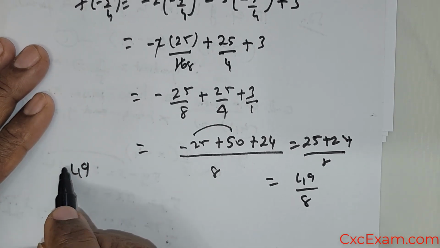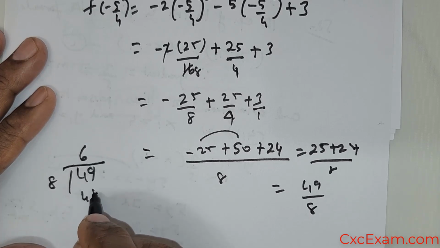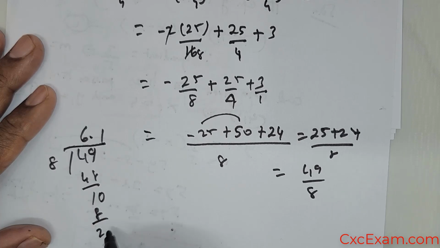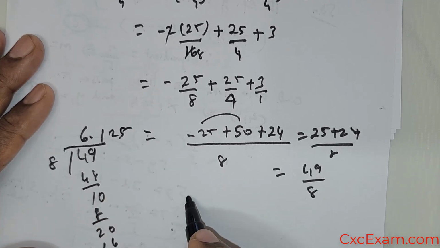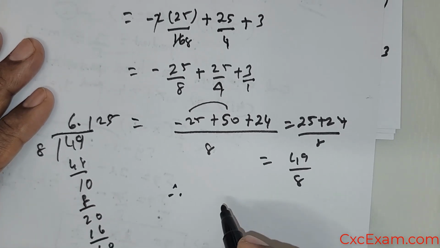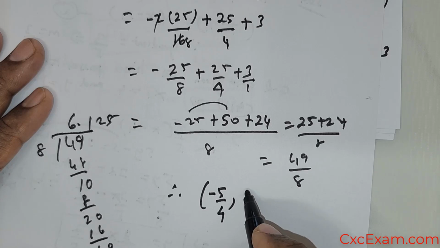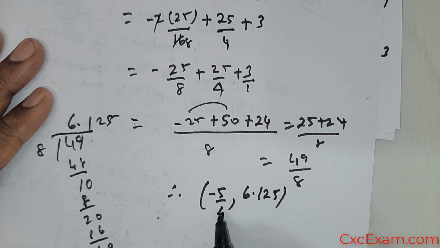So you divide 49 by 8. 8 times 6 is 48, and you have a 1. You place a 0, you have 8 there, 2, 0. 8 times 2 is 16, you have a 4, and 0, and 5. So therefore, what is the value you're getting? When x is negative 5 over 4, the value you're getting is 6.125. So this is the maximum point.